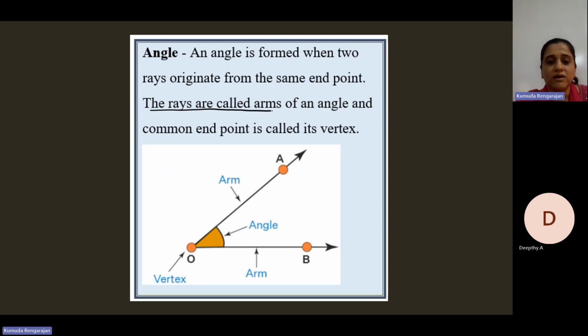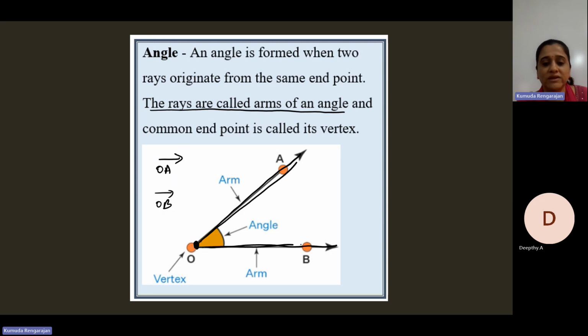The rays are called arms of an angle. So these 2 rays, ray OA and ray OB, are called the arms of the angle. And the common endpoint is called its vertex. The rays are the arms of the angle. Okay, so these are the parts of an angle.